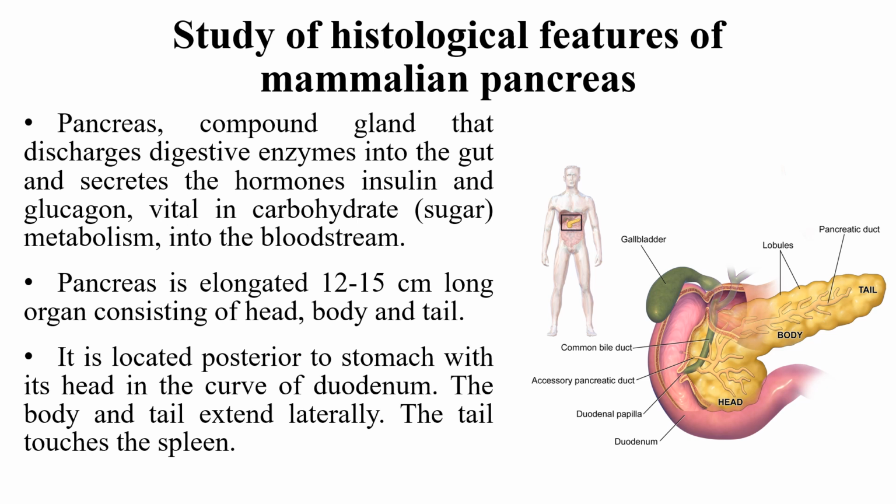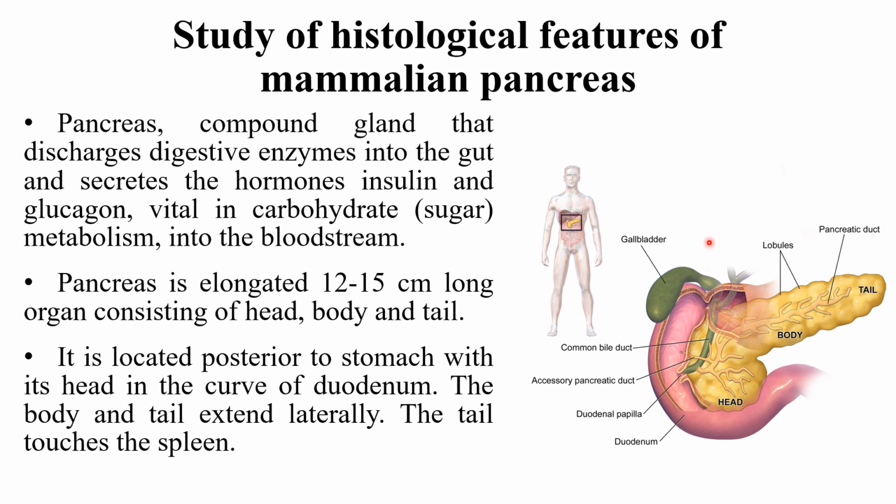Pancreas is an elongated organ of about 12 to 15 centimeters long and composed of three different parts: the head of the pancreas, the body of the pancreas, and the tail of the pancreas. The pancreas is located posterior to the stomach with its head in the curve of the duodenum.